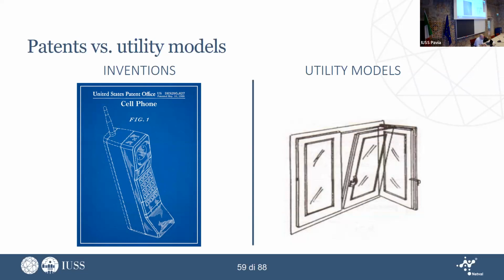A window could be a patent because I create a solution to a technical problem, how to illuminate a room without opening the wall and protecting from cold, for example. If I change the design of the window, I create a particular window. So this is a particular application, a particular conformation of the object.